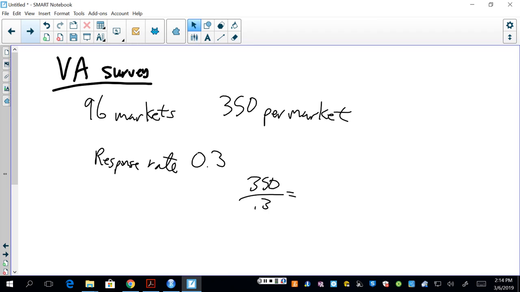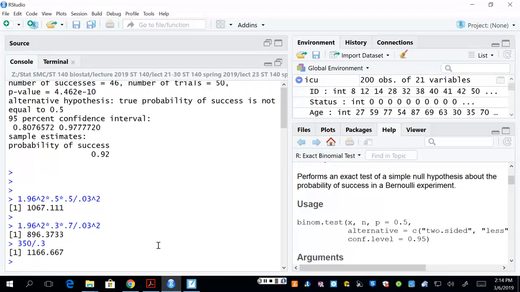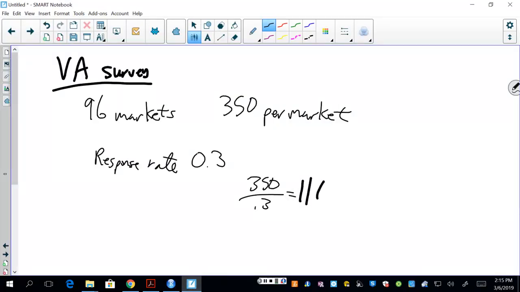What is that? Can't do that in my head. They're actually going to send out about 1167 contacts per market.